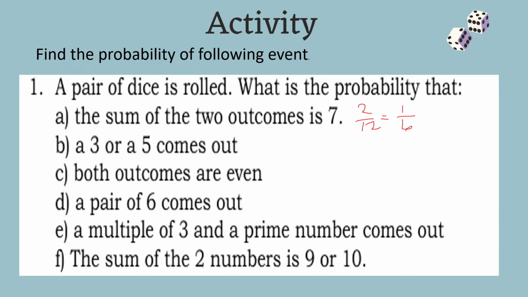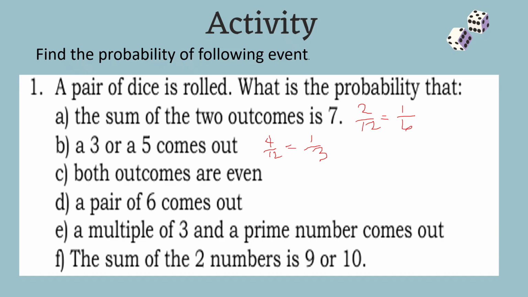Letter B, a 3 or a 5 comes out. We do have two threes and two fives, so we got 4 over 12, or that's about one third. And for letter C, both outcomes are even.